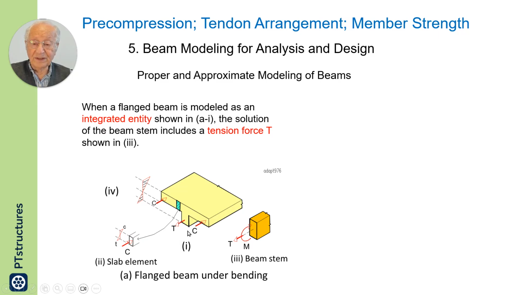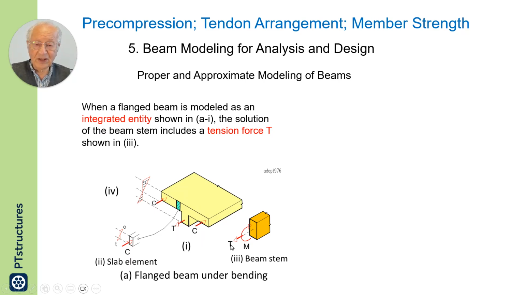And if for design you select the stem and bring it out, the stem has a bending moment and has an axial tension. So if in the software that you use, when it comes to the design of the beam extracted from an arrangement shown on the left, you must have tension.